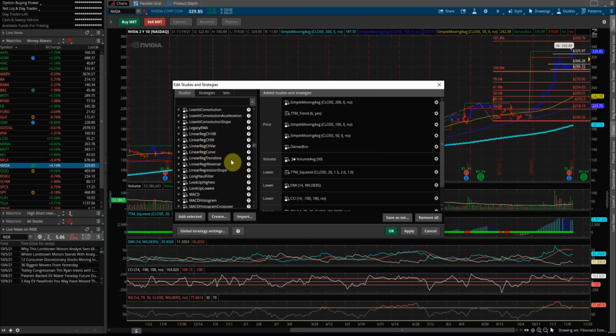Linear regression, that's based on a mathematical model. You have the MACD. MACD is very popular, right? RSI, obviously, that's one of the most popular in my opinion. You have the stochastics slow, stochastics fast. VWAP. VWAP's very popular as well.